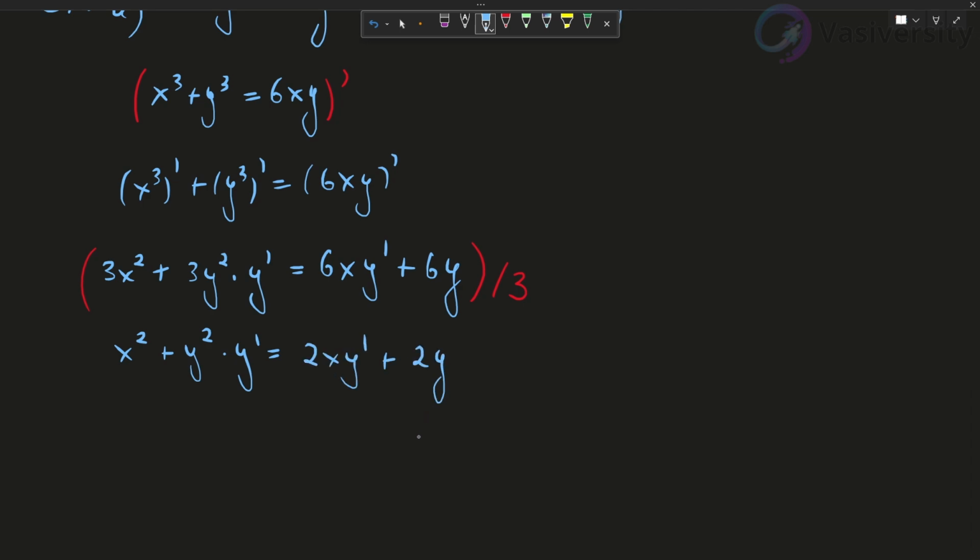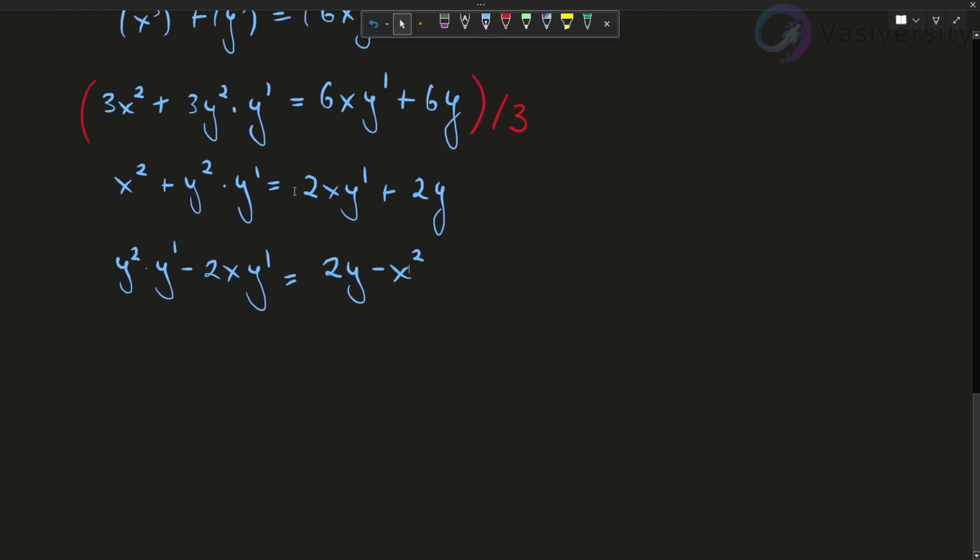Okay, let's go ahead and move all y primes to the left and the rest of the stuff to the right. So we're going to have y squared times y prime minus 2xy prime is equal to 2y minus x squared. Now, let's go ahead and factor out.